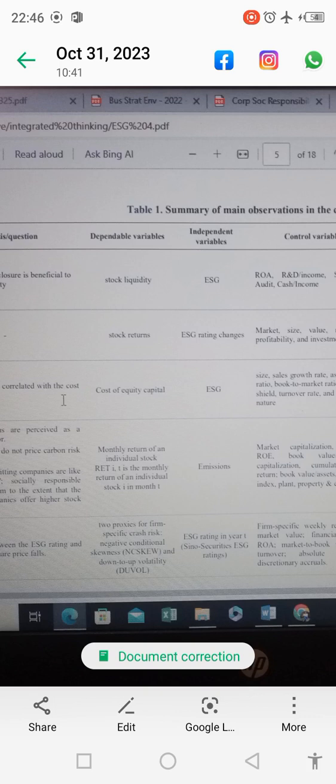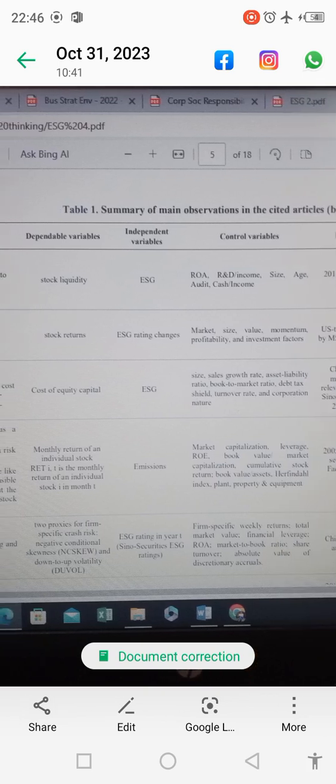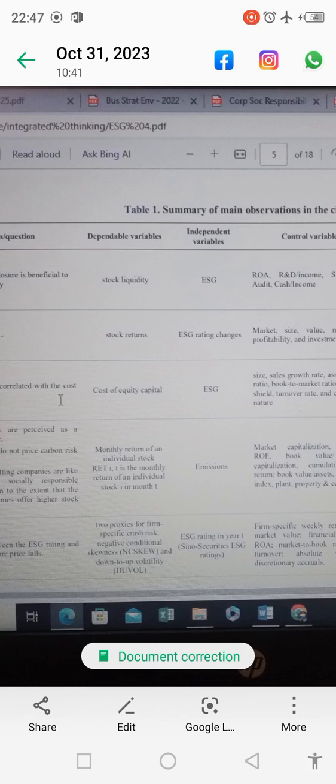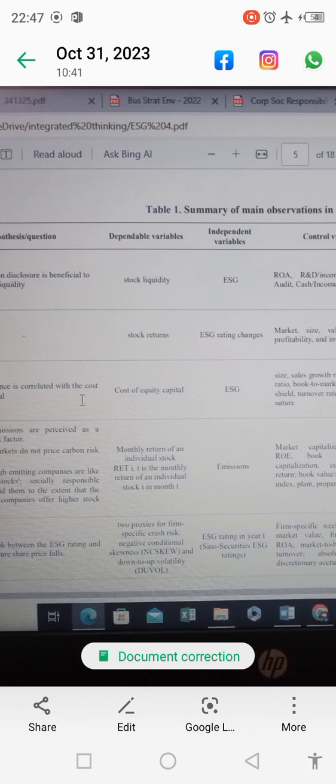After you have done your extensive literature review and you've considered the various kinds of variables, both dependent and independent variables, or even probably control variables that existing authors have used in their work, and you've read extensively too, and you realize that there are better variables to capture your dependent variable and your independent variable, that is a gap, and you can use that in your own study.